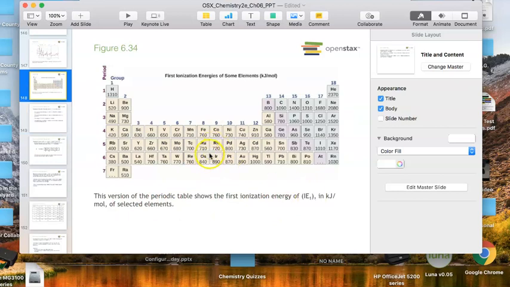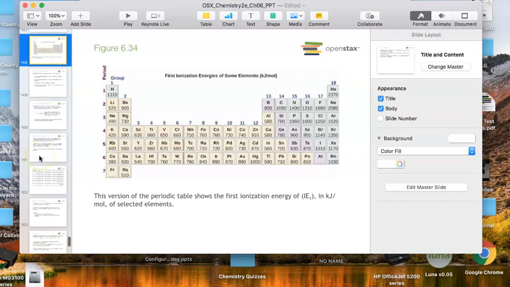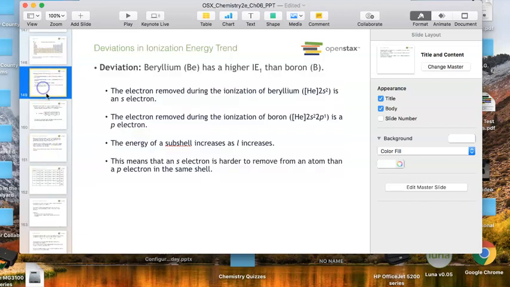Don't get caught up on some inconsistencies here in the trend. For the most part, it's going to be fine. Just use your trends, and trust me, I'm not going to give you exceptions, so don't worry about that. Just believe me when I say to remember and memorize your trends for the periodic table.